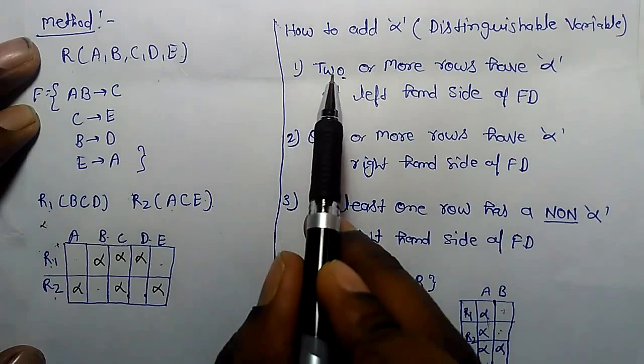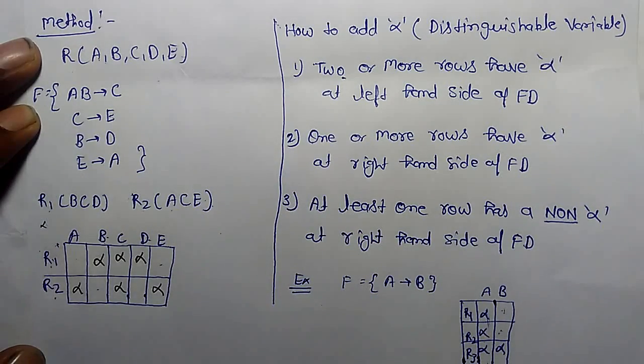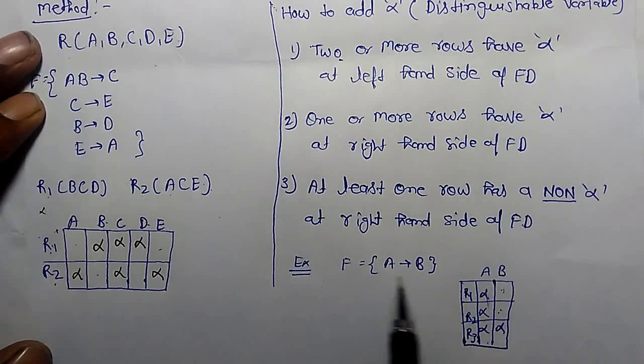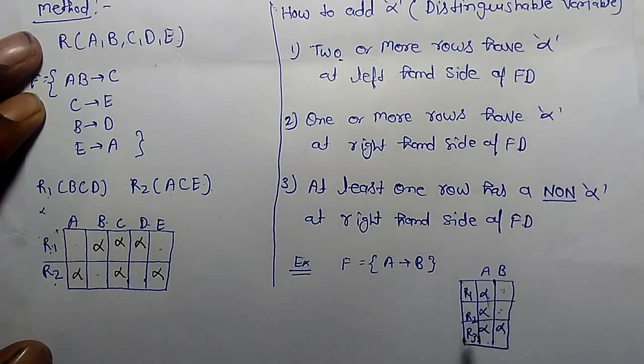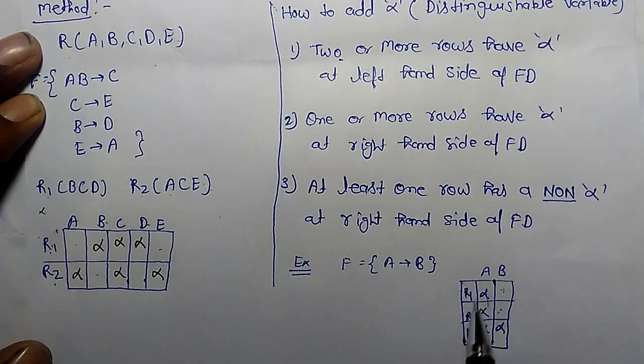first you have to check where two or more rows have alpha at the left hand side of the functional dependency. Here we have taken one example: A, B, 2 attributes and 3 subschemas, and we have to find whether this is lossless or not.